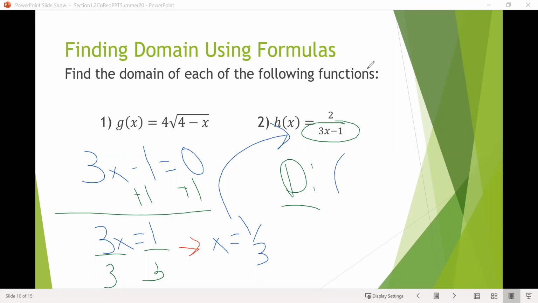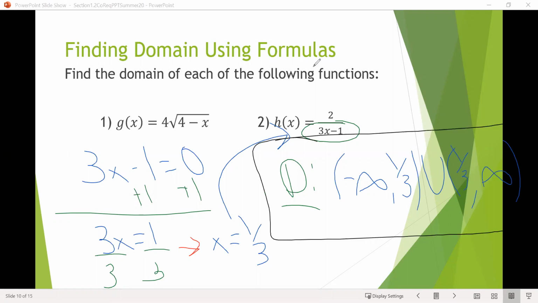So that means we can have everything down to negative infinity, all the way up to 1/3, but not including 1/3. So put in a parenthesis there. And then a union, and again, we start at 1/3 because we can't have it, all the way up to positive infinity. Okay, so our domain is negative infinity to 1/3, union, 1/3 to infinity, parentheses on everything.